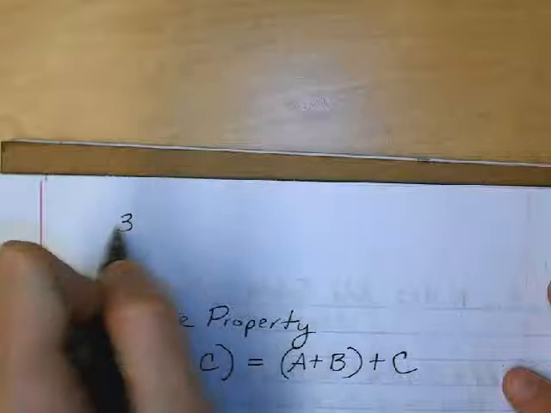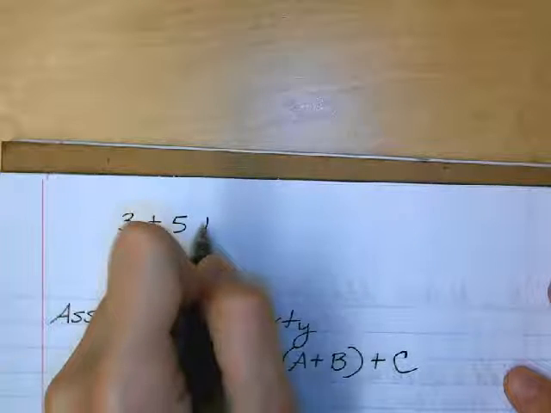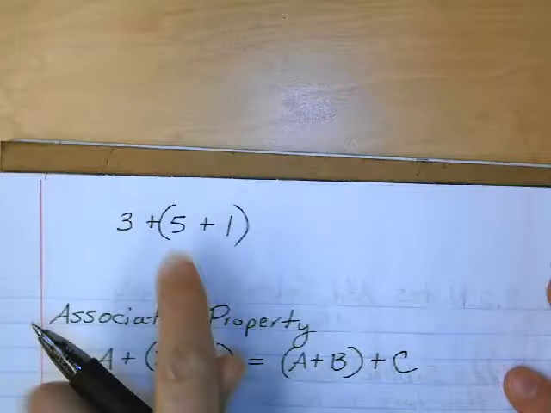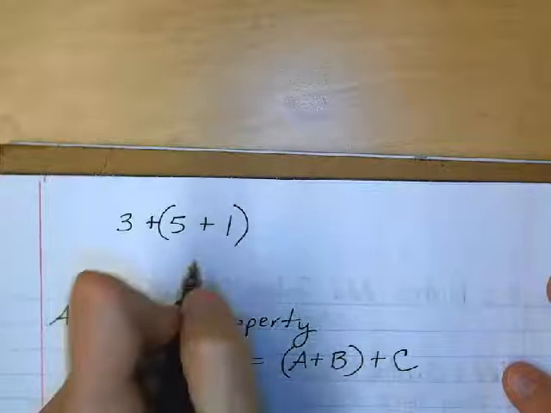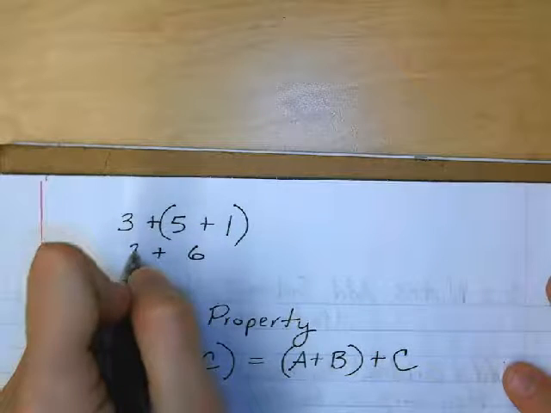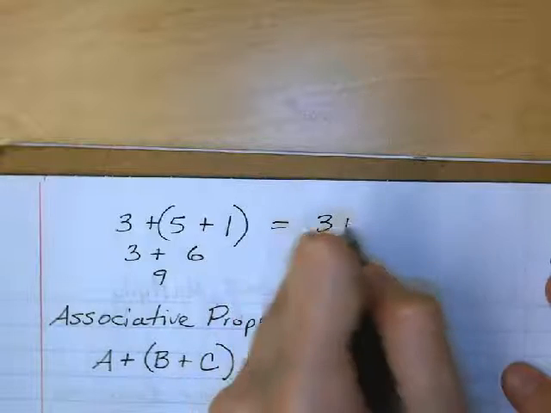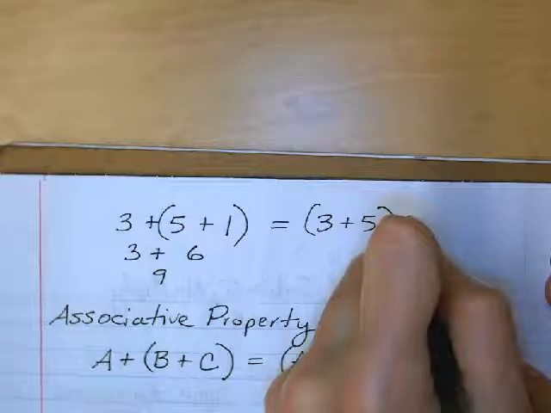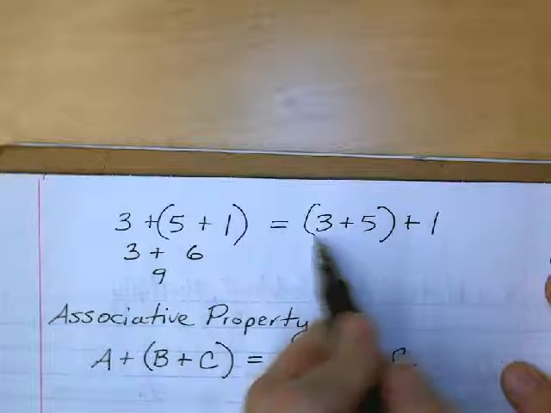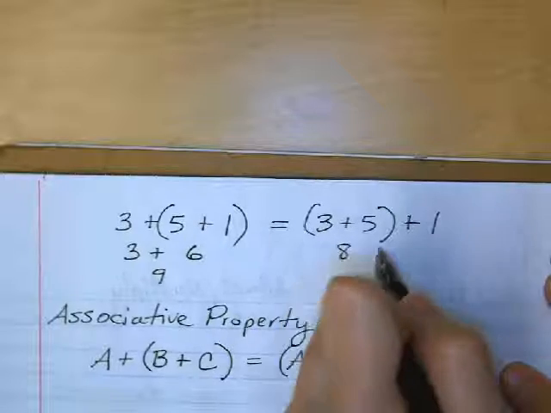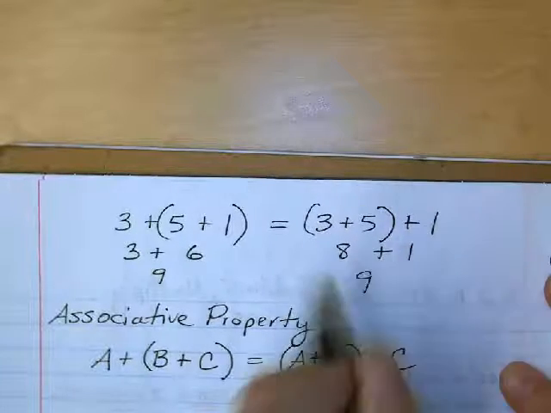If I added 3 plus 5 plus 1, if I add the 5 and the 1 first, I get 6, and then add the 3, then I get 9. But if I change the order and add 3 and 5 first, that's 8, and then add the 1, I still end up with 9.